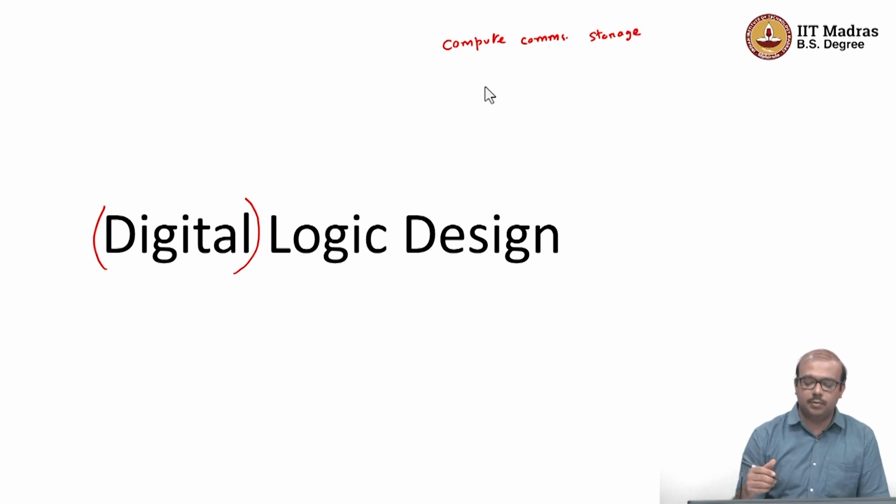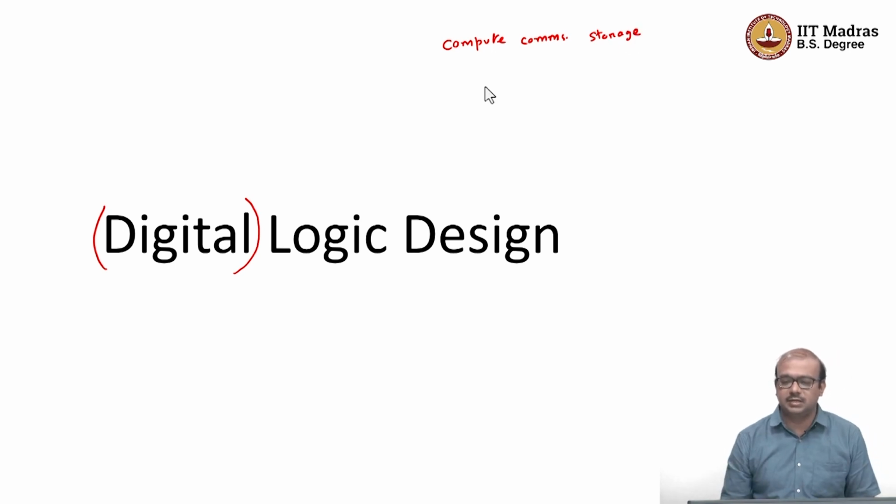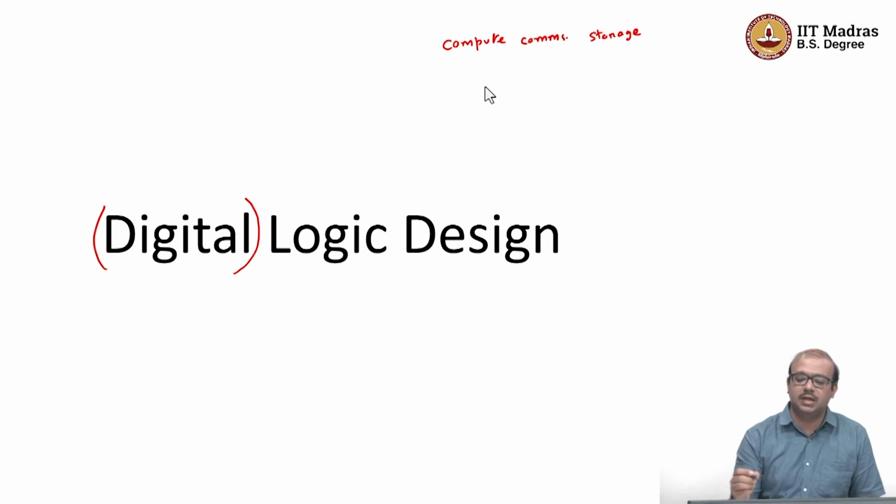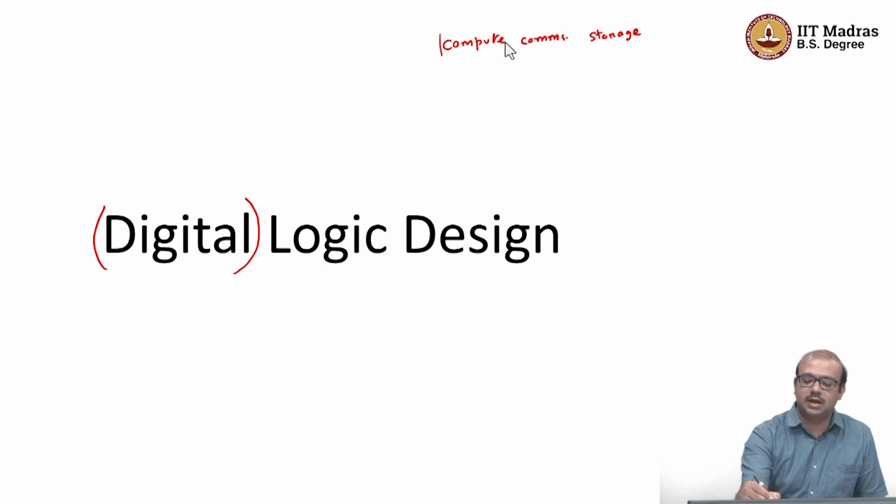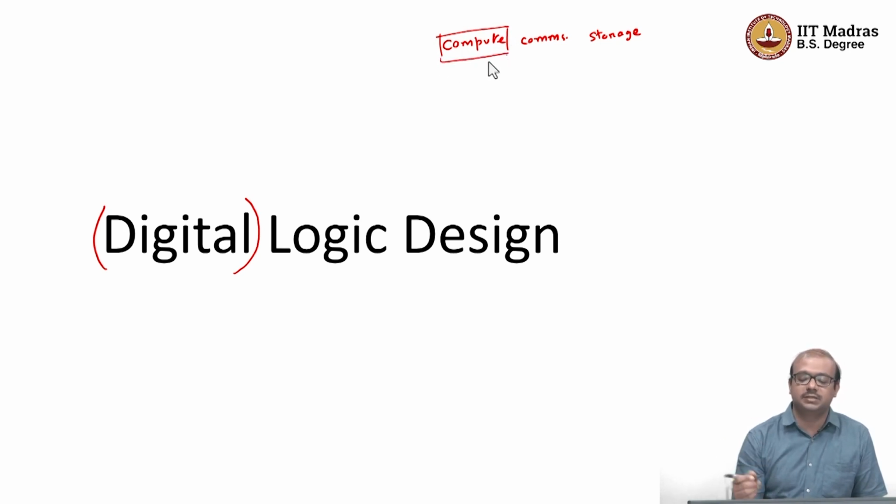So when we say we are trying to create such designs, or digital logic design, we mean that we are going to create circuitry which is going to work on some kind of data manipulation of the digital information being stored in the storage units, right?